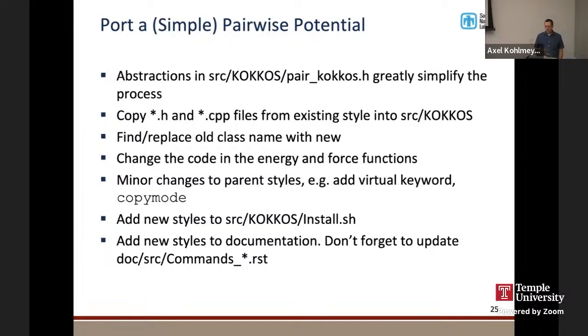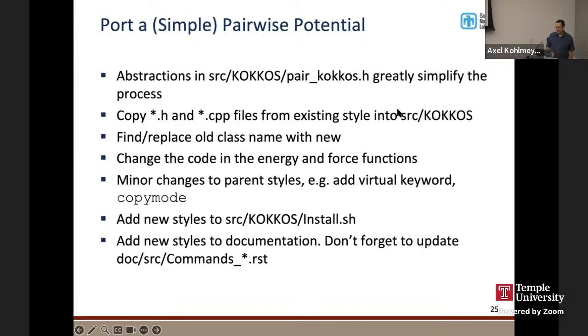Okay, so I have a few instructions on porting Kokkos code in LAMMPS. So I'm gonna just go through these slides and then we're actually gonna do a demonstration. So how would you port a simple pairwise potential in LAMMPS to Kokkos? Well, there's actually some abstractions in Kokkos, pair_kokkos.h, which greatly simplify this process. So the first step would be to copy the header and the .cpp files from some existing style into src/KOKKOS.